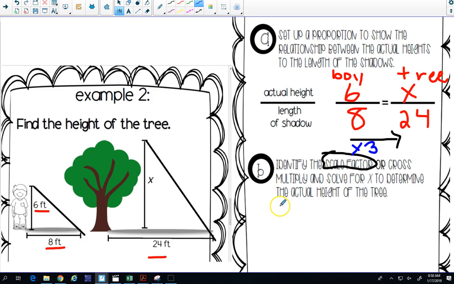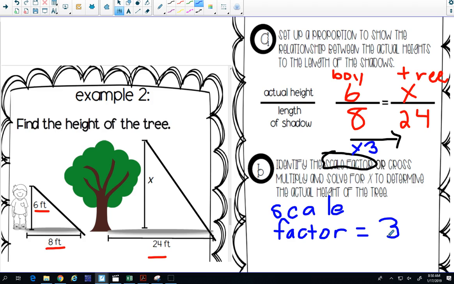So the scale factor, write that on your paper. And I'm going to attempt to do it with a mouse. Your scale factor is equal to 3 because the tree is 3 times the height of the boy.